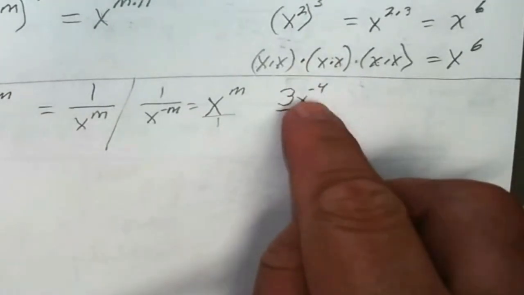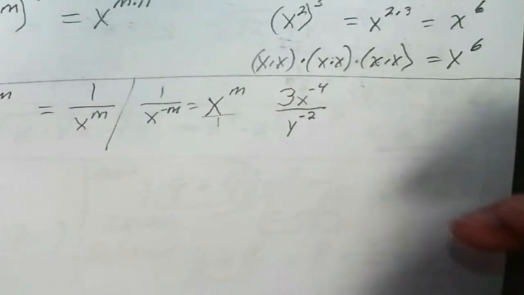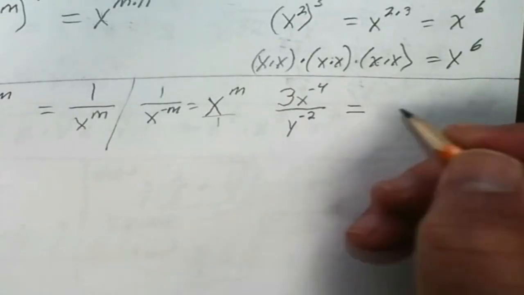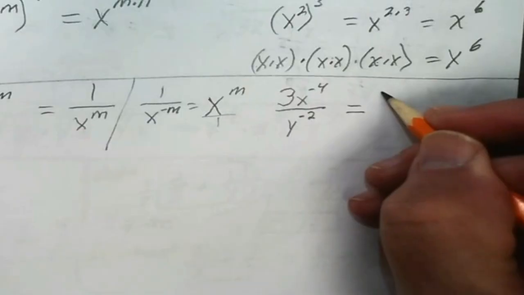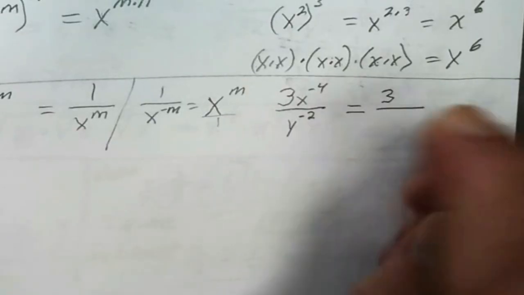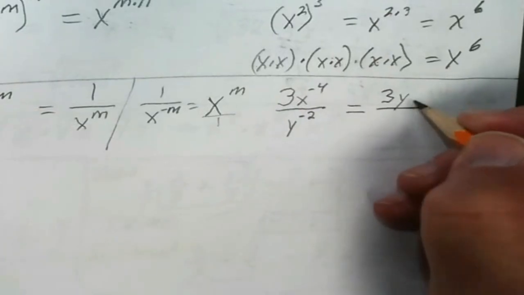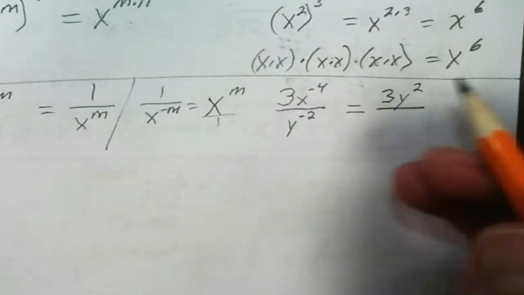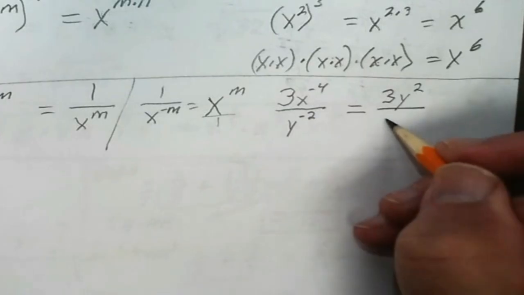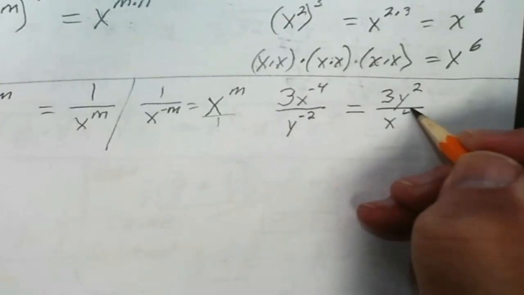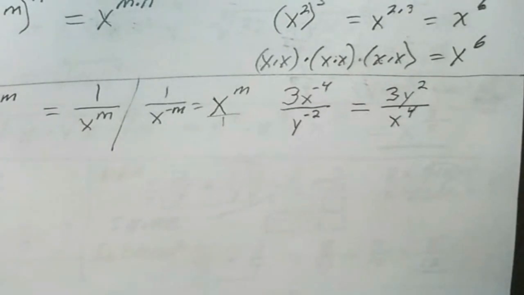We never want to leave a negative exponent in our answer. So we simplify that. The 3 is just the 3. It stays where it is. But the y, since it's a negative, we want to move it on top and make it positive. And the x, since it's a negative, we want to move it into the denominator and make it positive.